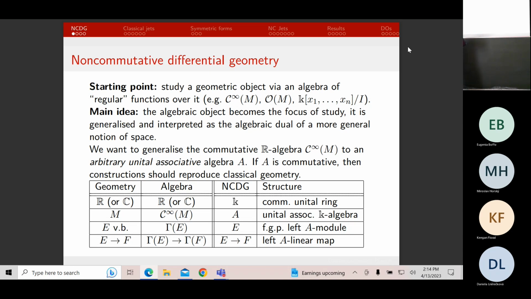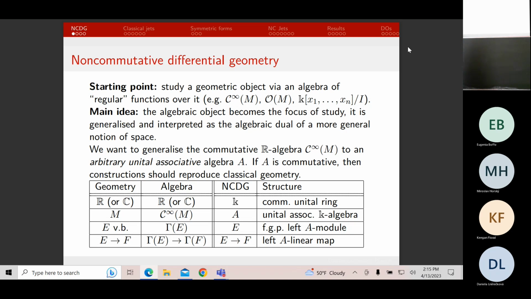But even more, we know by the Serre-Swan theorem, as we saw a few weeks ago, that the global section functor is an equivalence of categories between vector bundles and finitely generated projective modules. So for us, a good generalization of bundle is a finitely generated projective left module. And of course, a map of bundles, which classically corresponds to a C-infinity linear map, will correspond to just a left linear map between the modules.